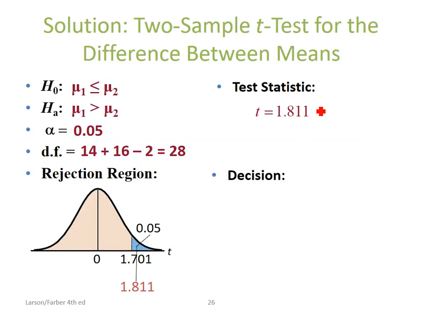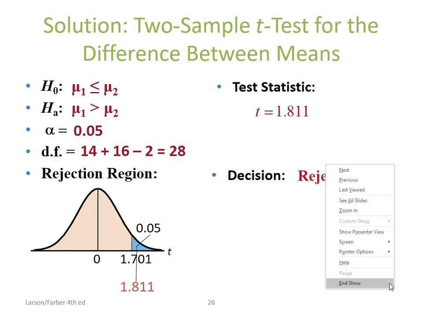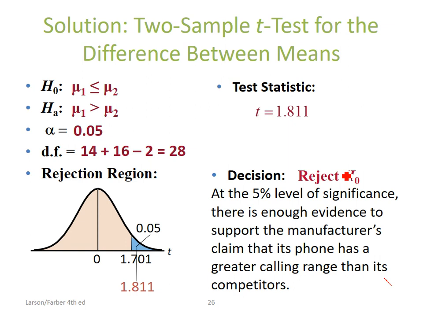What's that tell us? That we reject the null. And then our interpretation: at 5% level of significance, there is enough evidence to support the manufacturer's claim that its phone has a greater calling range than its competitor.